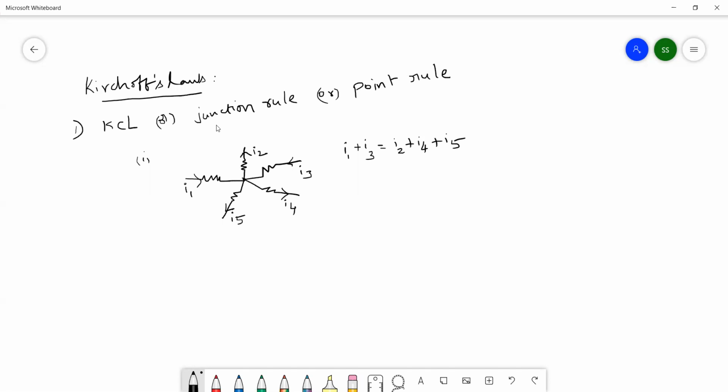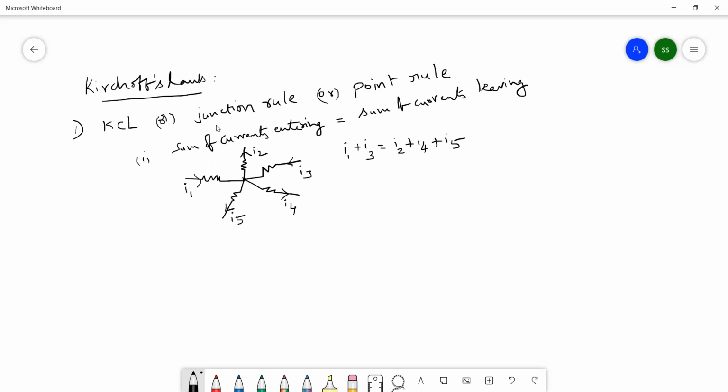So in the first category, we can give the statement as: the sum of currents entering at a node or junction must be equal to the sum of currents leaving from the junction, node point.